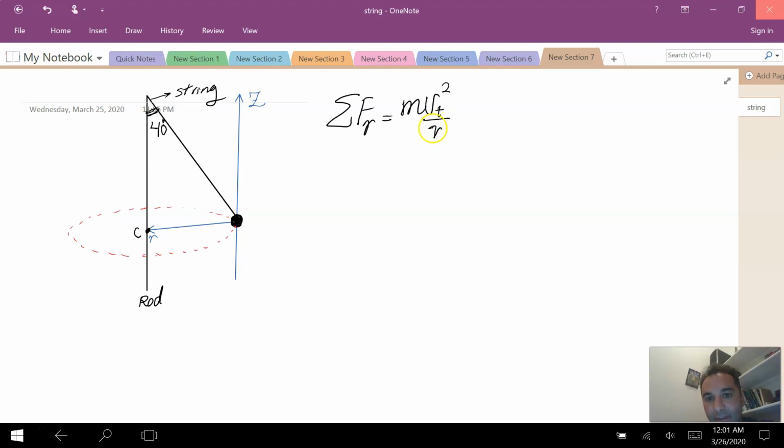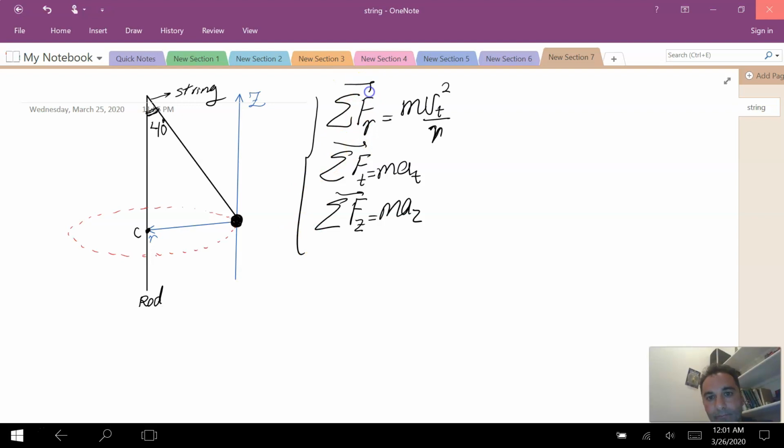This is the first thing. Then sigma f on tangent axis is mat. Then sigma f on z-axis is what? Maz. These are whatever we learned so far. Okay. Now, pay attention.